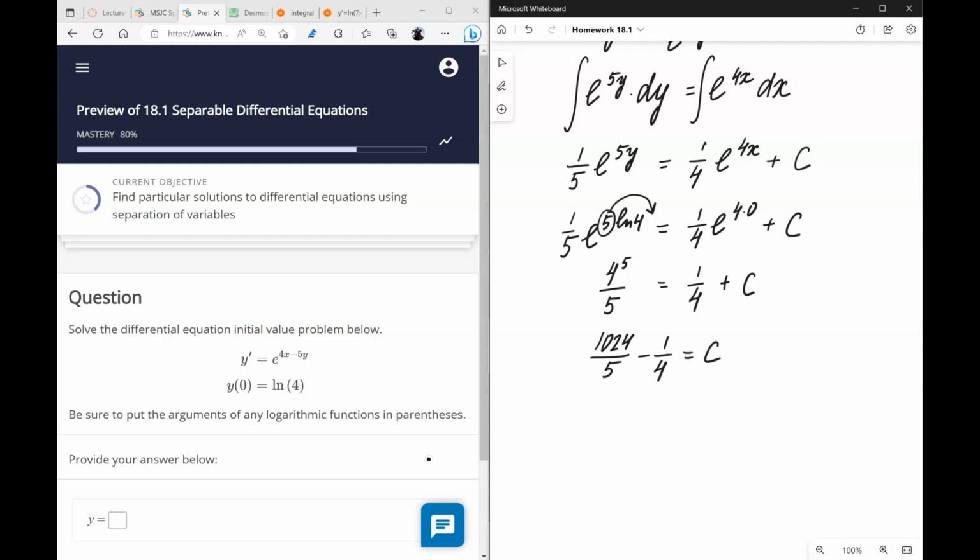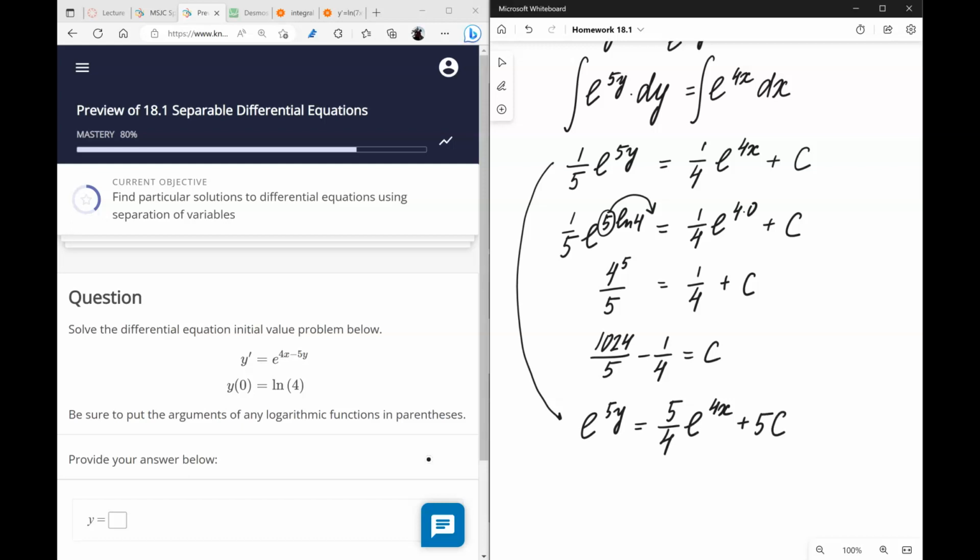And let's just leave it like this for right now. Let's isolate y from here. Let's multiply everything by 5. So we have e to the power of 5y equals 5/4 e to the power of 4x plus 5c.